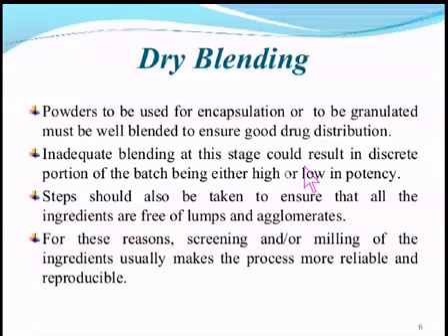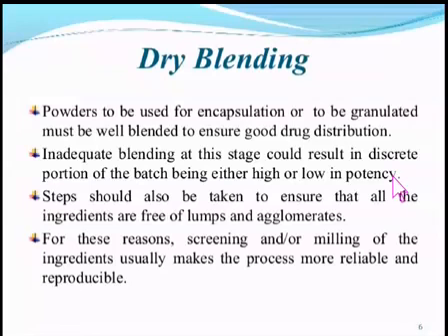Potency is related to the active ingredient distribution in the entire bulk, because the total mixture has a small quantity of active ingredient and a large quantity of excipients. So if there is improper blending, the active ingredient will not be distributed well.